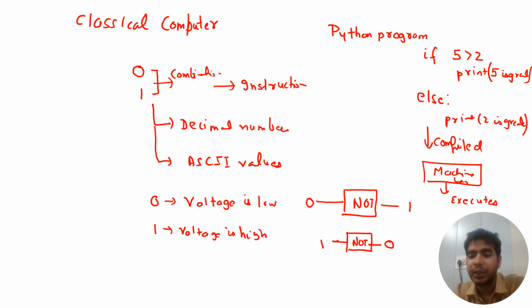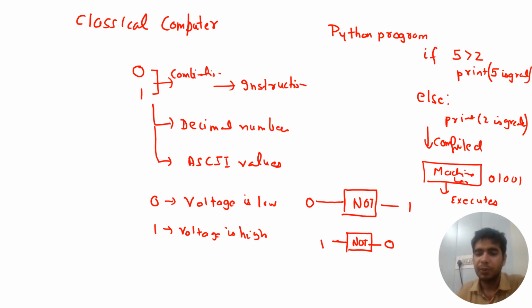The computers understand the compiled version of your program. Whatever program you write or whatever instruction you give using a graphical user interface or the command line interface, it first gets compiled into machine code, meaning zeros and ones, and using these zeros and ones, this machine code executes the instruction. So that's how classical computers work.